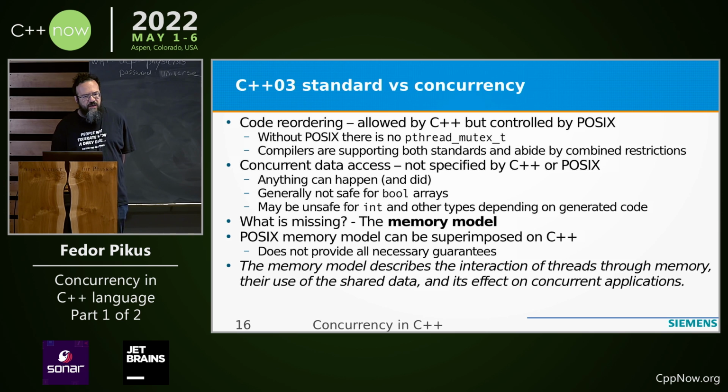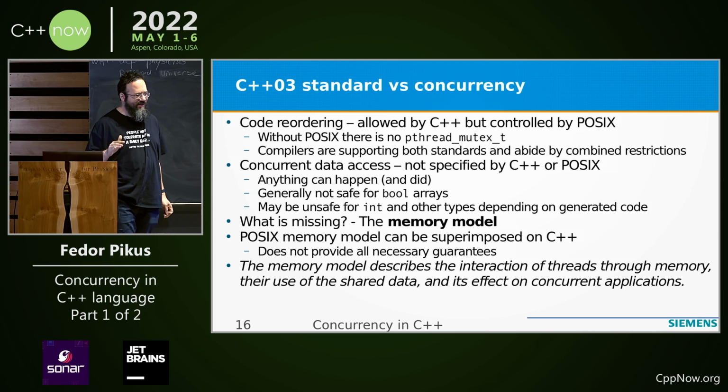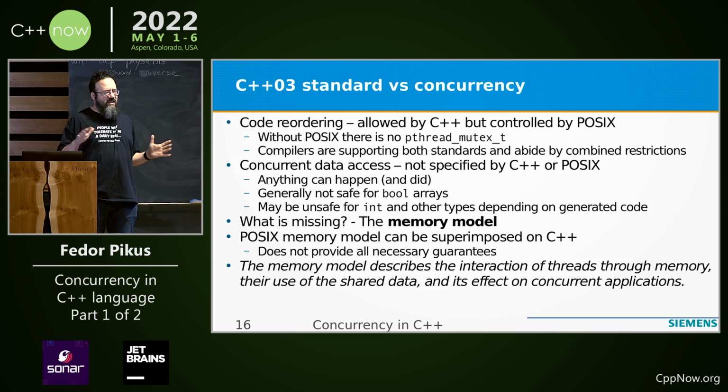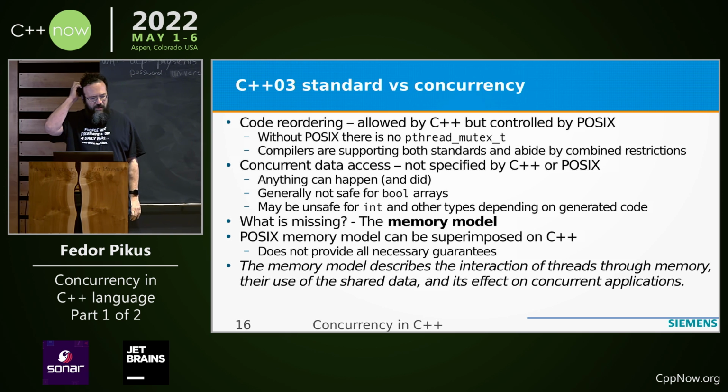One was the C++ standard, and the other one was the POSIX standard. And the POSIX standard, among other things, mentions those names, pthread, mutex, lock, and so on, as things that you shouldn't move code around. Basically, it has a global side effect. You should not move code across these invocation calls.